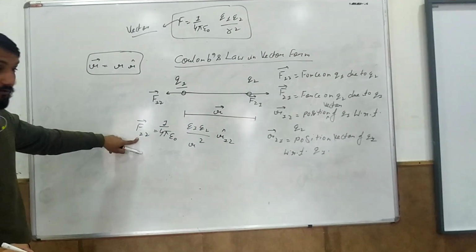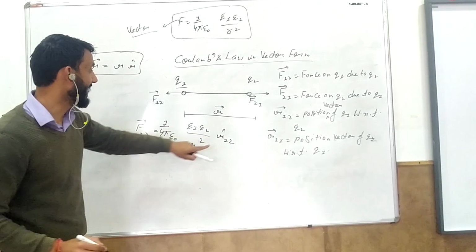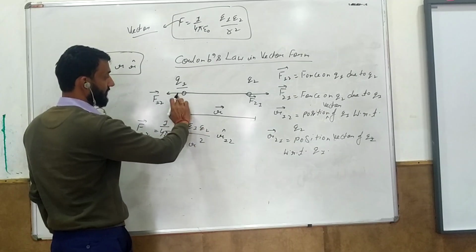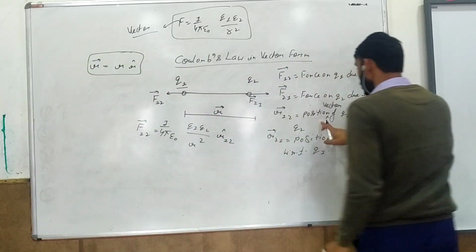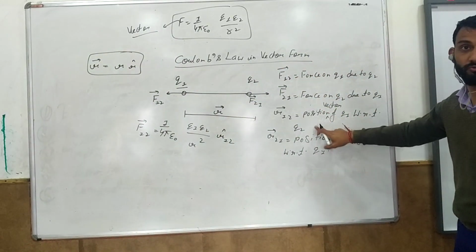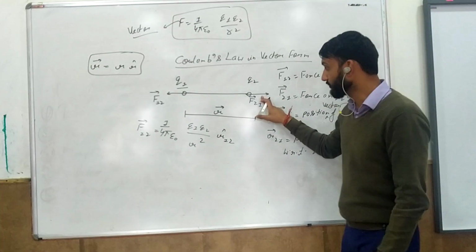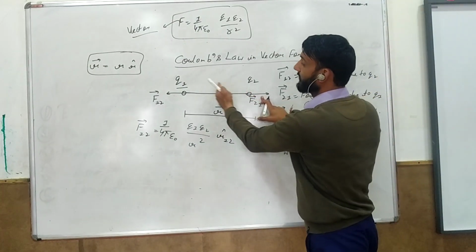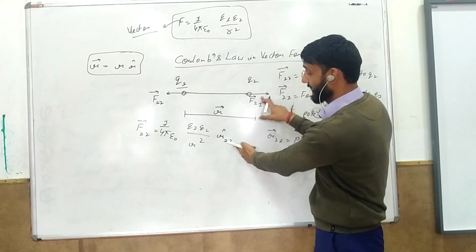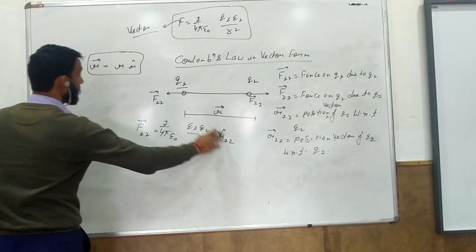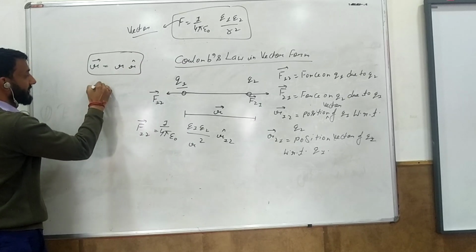So the direction of this force is along this line, from this to this. Okay, as we know that R12 is the position vector of Q1 with respect to Q2. So it tells us the direction. Now in place of this, using this, what can I write?